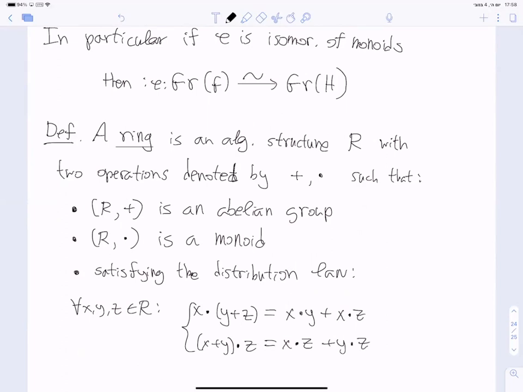So if this is satisfied with the two other properties, then we call it a ring.